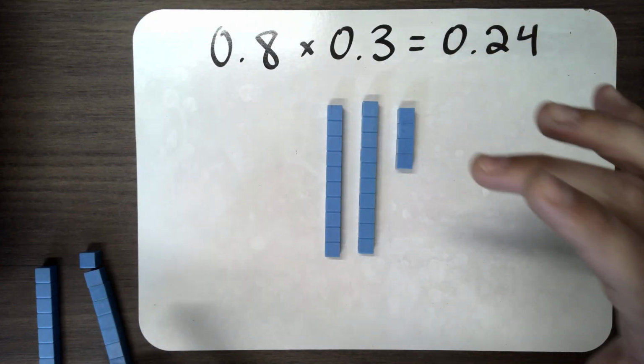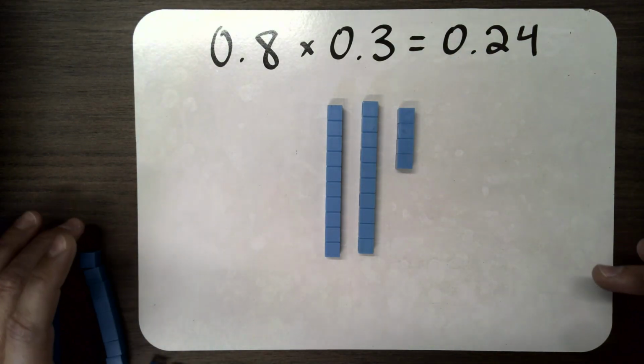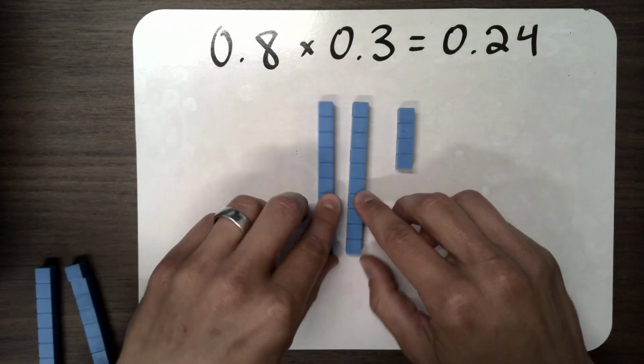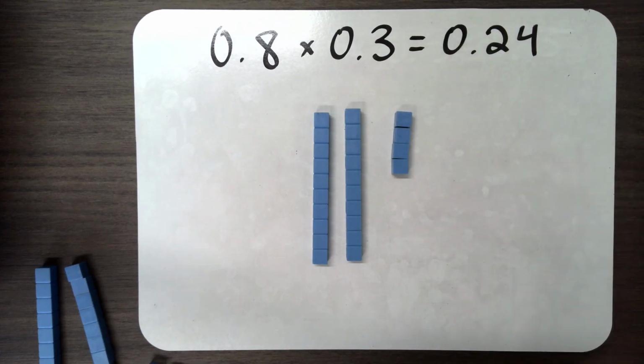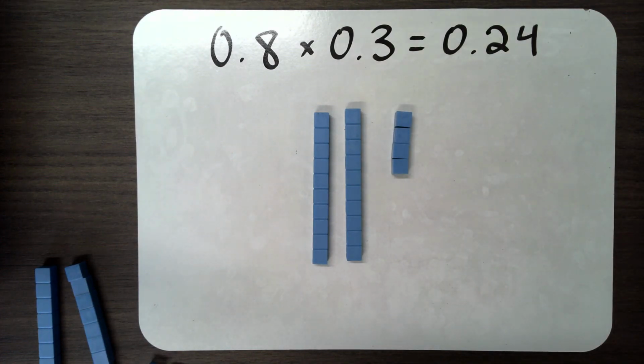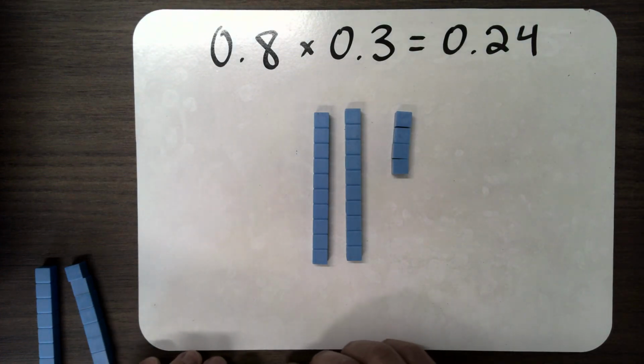So after we took 8/10 of that original group of 3/10, now we have 2/10 and we have 4/100ths. That was our first example, using equal groups, a set model.